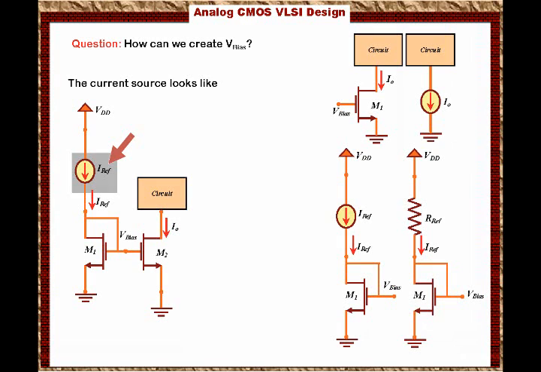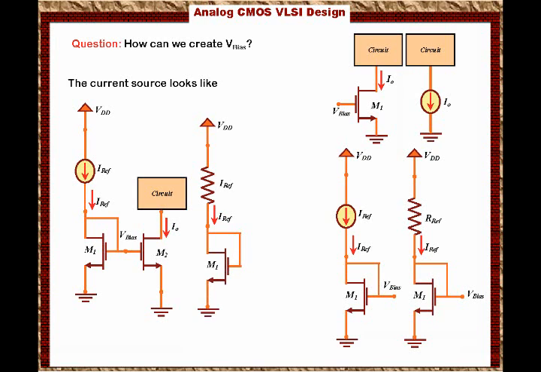And remember, we said that this current source is replaced with a resistor. So now what I have is VDD connected to a resistor that is connected to a diode connected transistor that will create V bias for me, and V bias controls the current source transistor M2, and that will give me the right current I out.